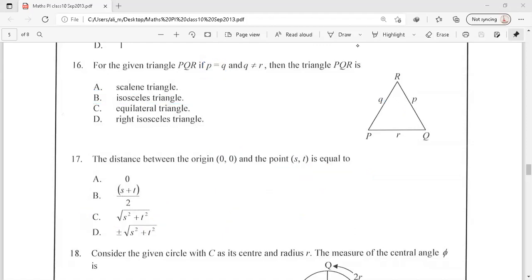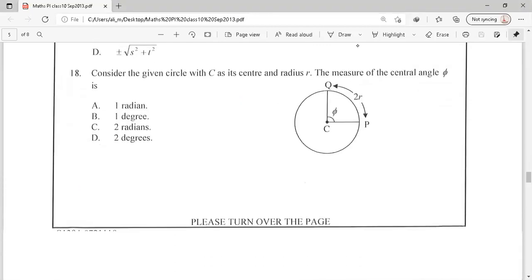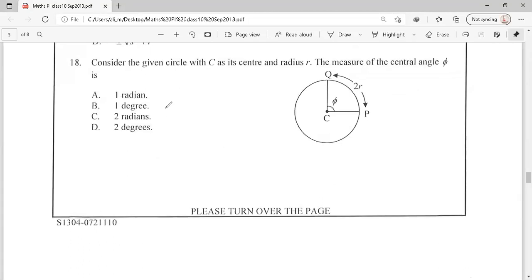Let's move to our question number 18. Consider the given circle with center C and its radius R. The measure of central angle phi is equal to what?